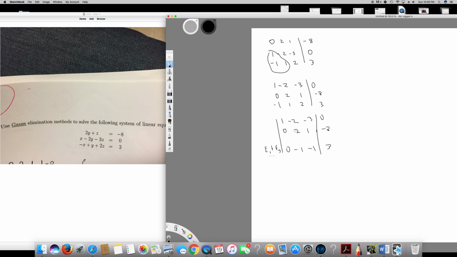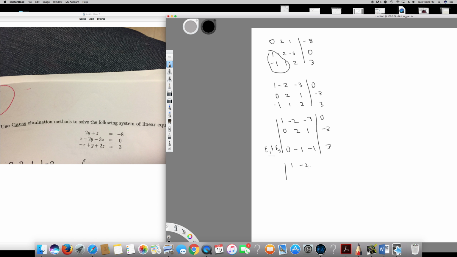Now to bring it into upper triangular form, I have to make this one 0. Before I do that, I have to do one more thing. If I see all these negatives here, it's better to make it positive, so we won't get complicated and stuff like that, right? It's better to make it positive. So to make it positive, I simply multiply by negative 1.